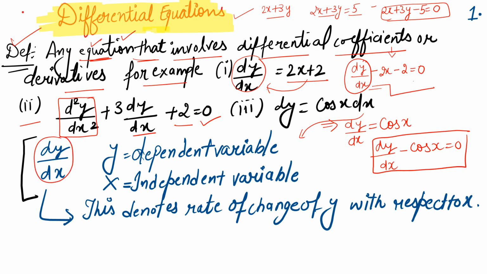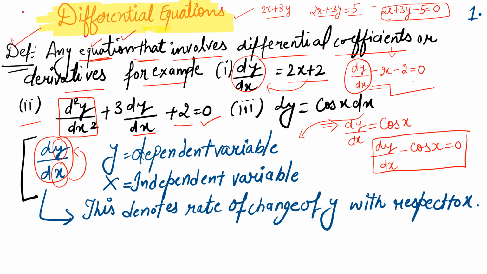What is dy upon dx? Students who have already studied the derivatives chapter know about this. dy upon dx is basically a derivative. What is the meaning of dy upon dx? y here is a dependent variable and x here is an independent variable. Basically a derivative means if one thing changes, then what is the change in the second thing.